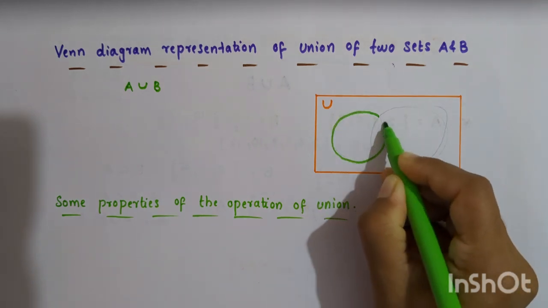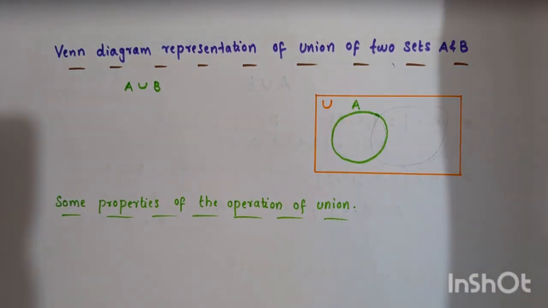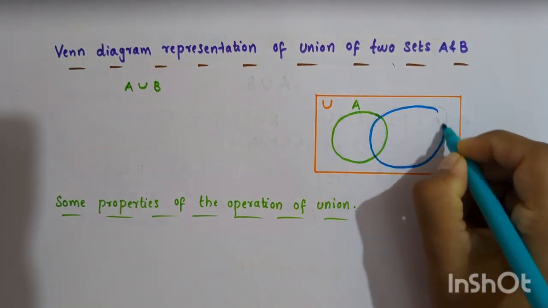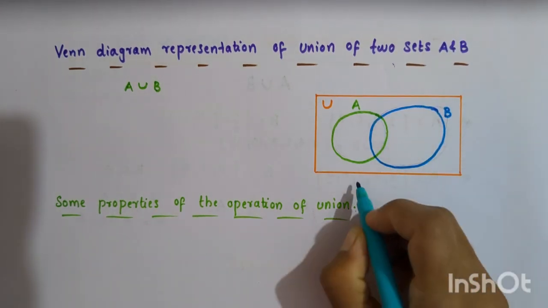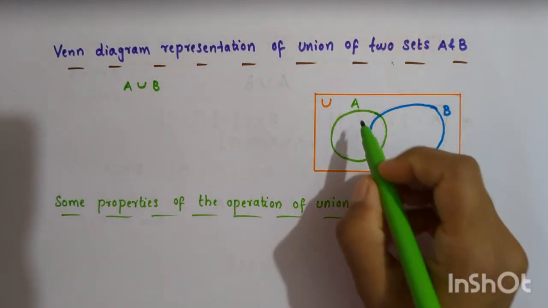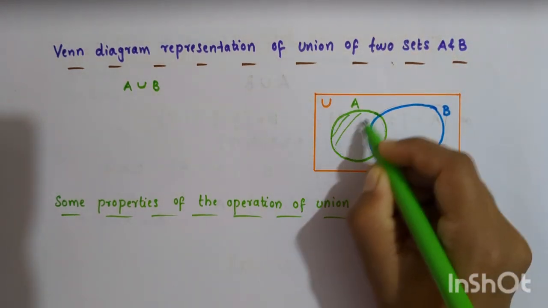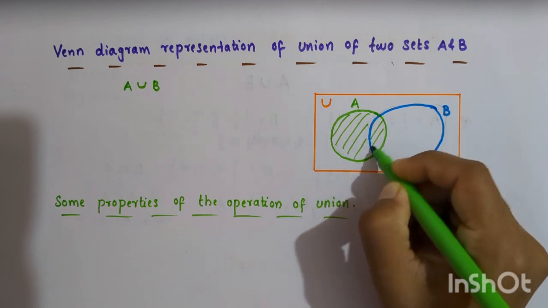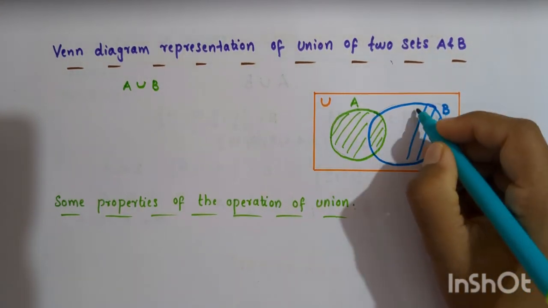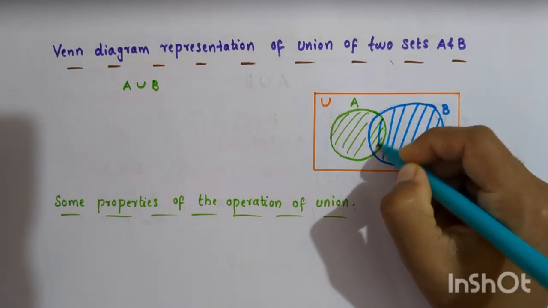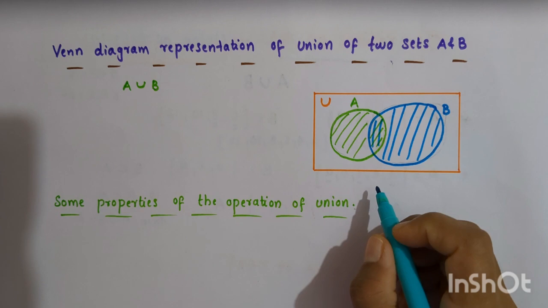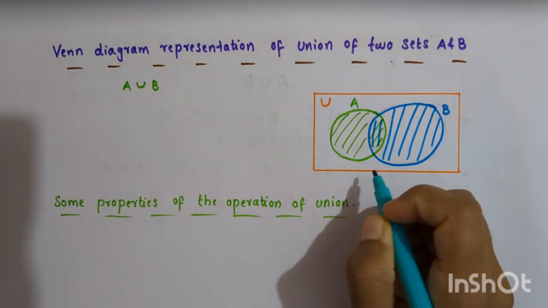Let this be the set A, alright, and let this be the set B. Then for A union B, we have to consider all the elements in A, and all the elements in B. And there can be some elements present in both A and B, that also must be considered.